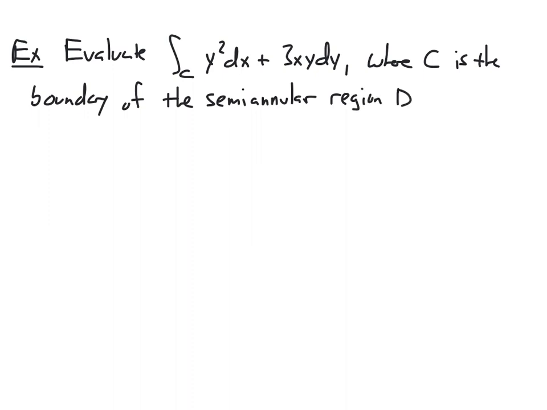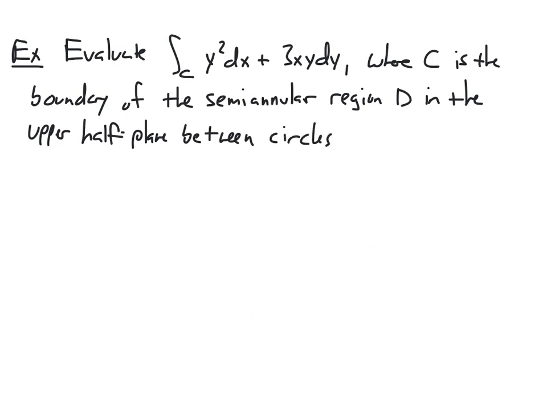So it's the boundary of the semi-annular region D in the upper half plane between the circles x squared plus y squared equals 4, and x squared plus y squared equals 1.